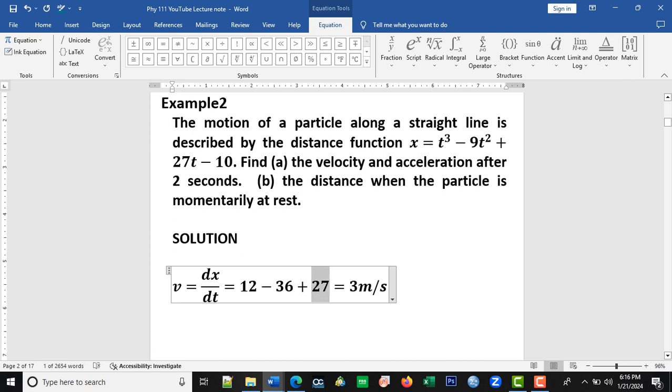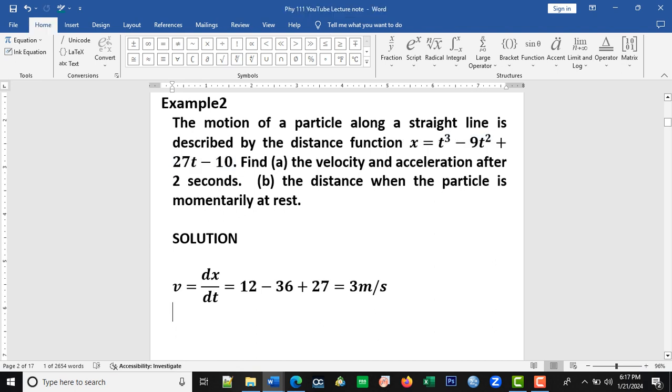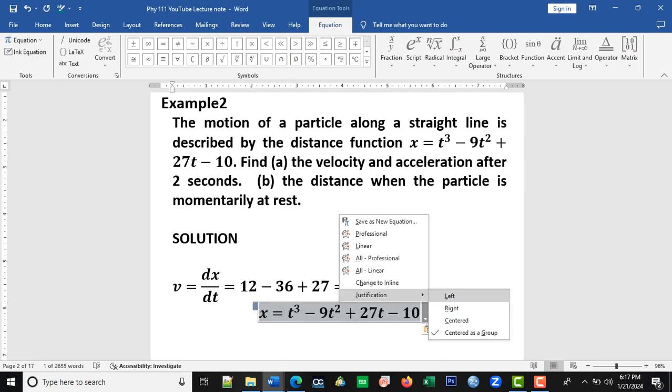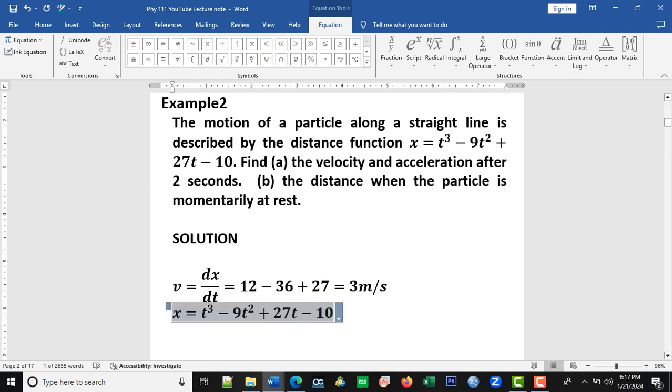And then we are not done yet because we were also asked to find acceleration. We still use that function for the particle. The second derivative of the function will give us acceleration.